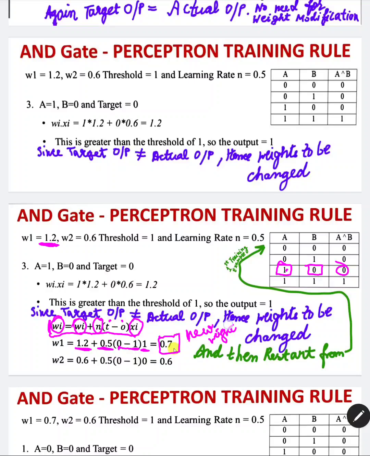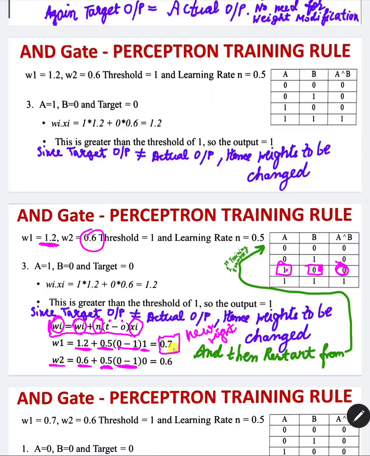Similarly, we take the value for the second input. The second input is B. Here the input is 0 and W2 will be the old weight, which is 0.6, plus the learning rate, which is 0.5, the target value, which is 0, the actual value that came up, which is minus 1, multiplied by the input.